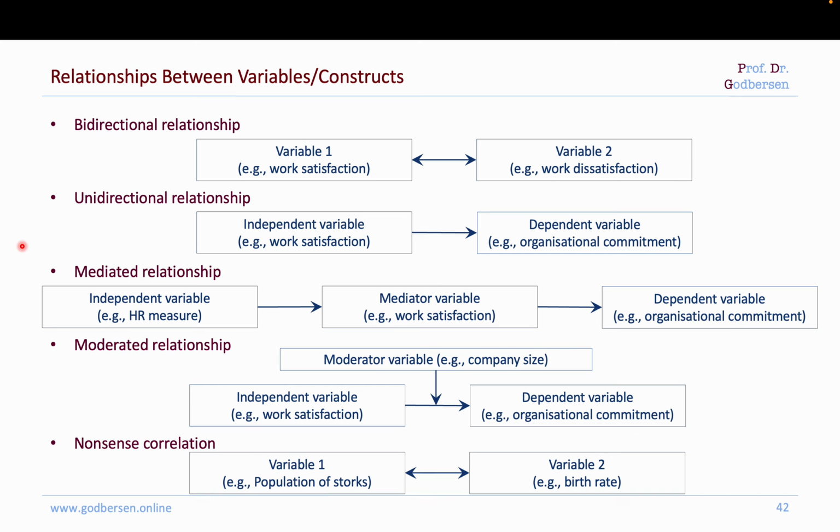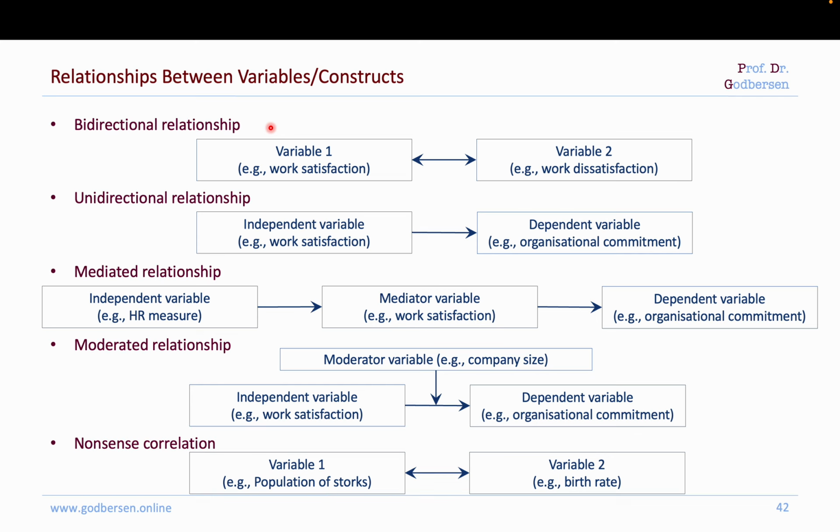These possible relationships you can see here. We might have a bidirectional relationship. In a bidirectional relationship, two variables are associated, but we cannot say that one variable affects the other variable.